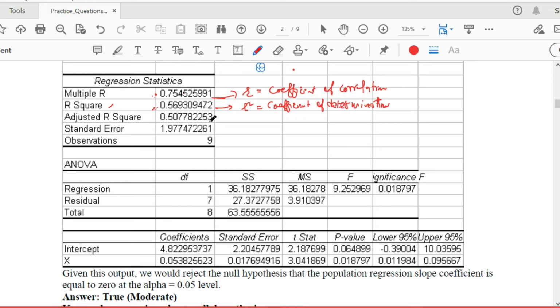Adjusted r square and then standard error, then observations n. Now you see this observation here, total will be n minus 1 here, right?